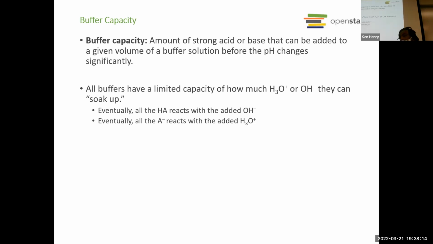Some buffers are better than others, like for instance the phosphate buffer. Why do you think the phosphate buffer is so good? It has a pretty wide range, because what is phosphate? What's the chemical formula for phosphate? PO4, right?